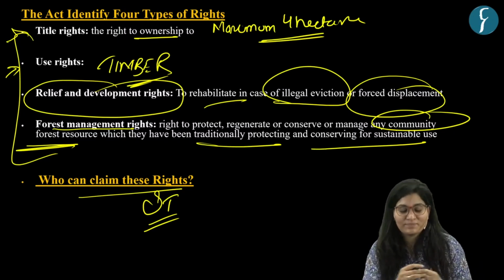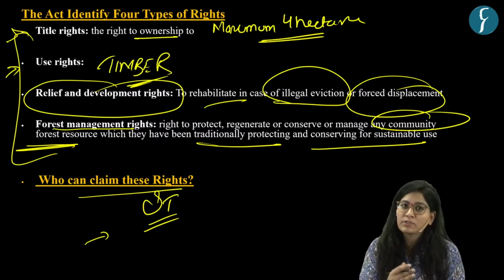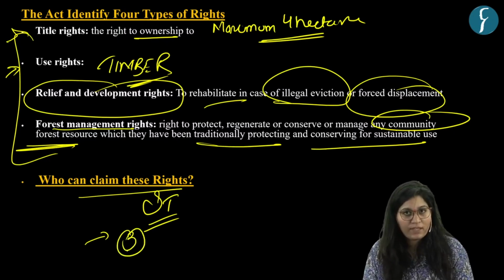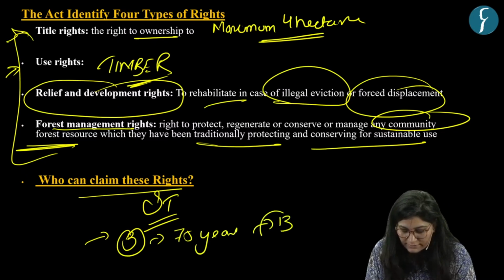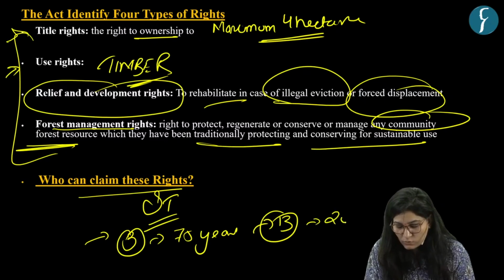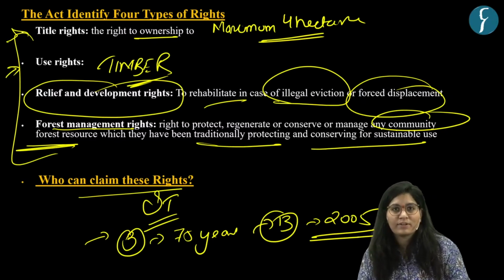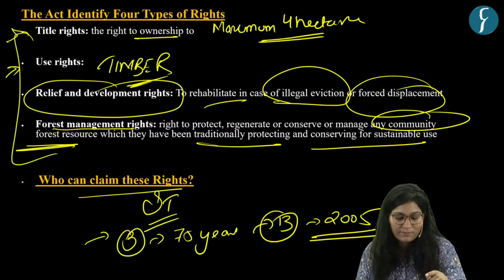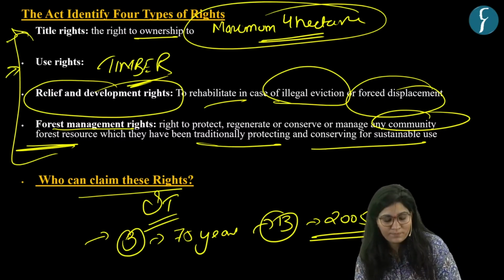Okay, other than them, members of a community whose three generations, if you count a total of 75 years from the 13th day of December 2005, can claim right over forest land. But that is also limited to a maximum of 4 hectare. Okay, they can claim right because they are dependent on that particular forest for their livelihood.